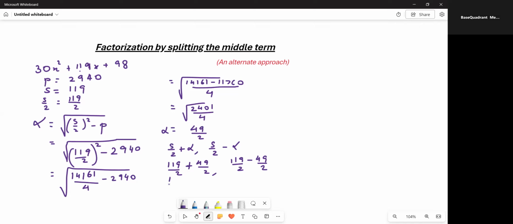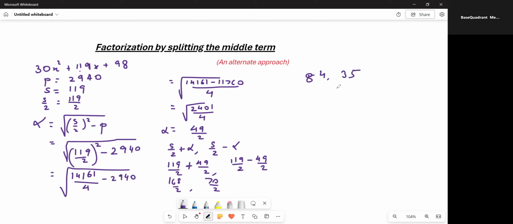This will be 168 upon 2 and this will be 70 upon 2. Therefore, the numbers are 84 and 35.